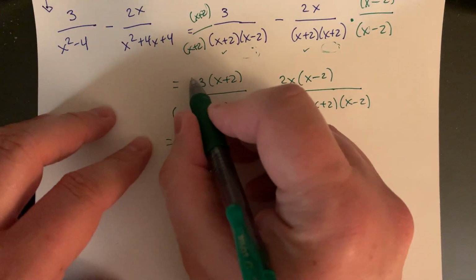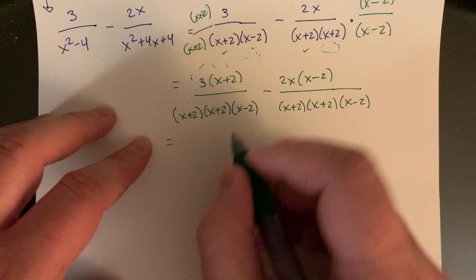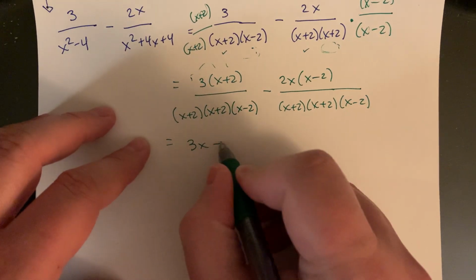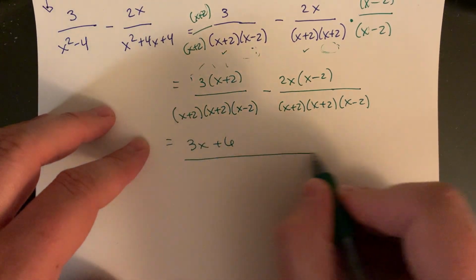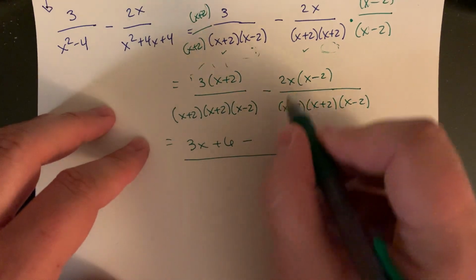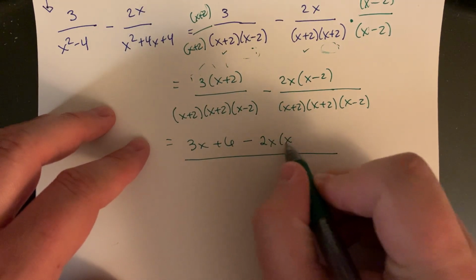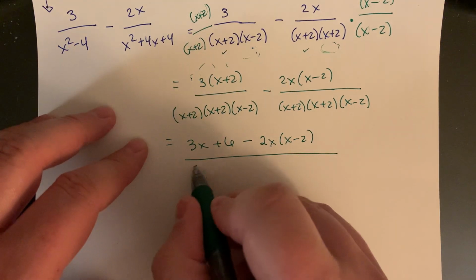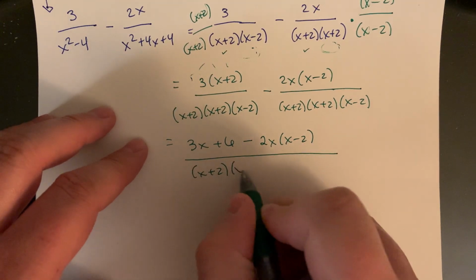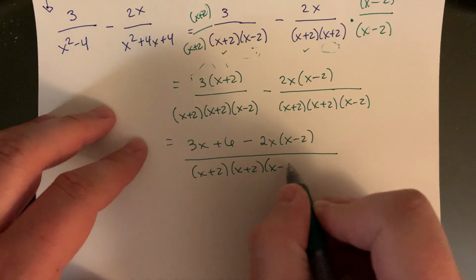So this is going to be what? 3 if we distribute, 3x plus 6 over, so then this would be what? Minus 2x times x minus 2, right? X plus 2, x plus 2, x minus 2.